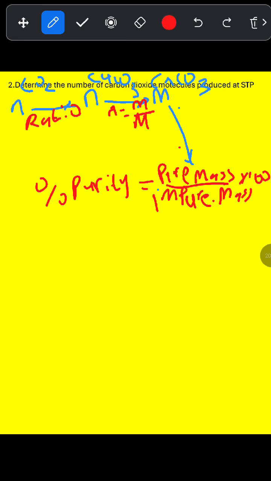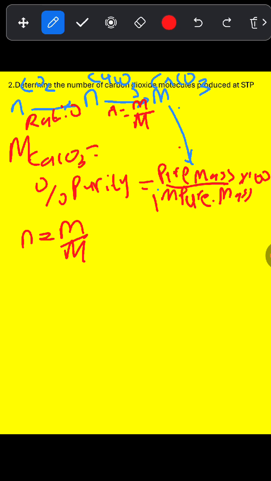Right, so now n is equal to mass over molar mass. The molar mass of calcium carbonate is equal to the molar mass of calcium plus the molar mass of carbon plus the molar mass of 3 oxygens.